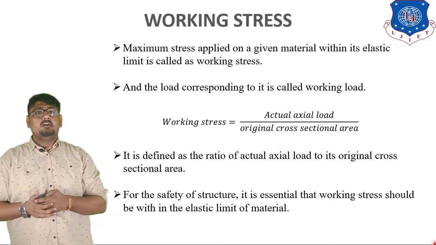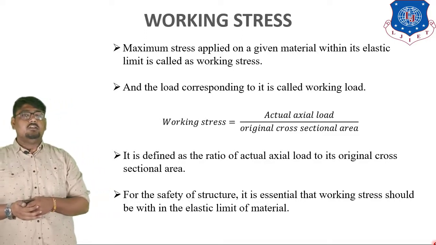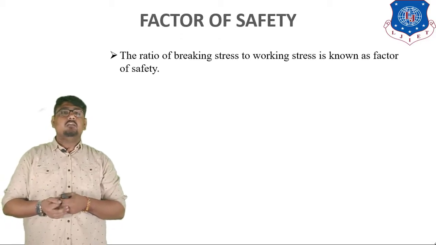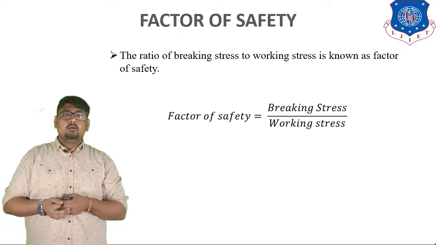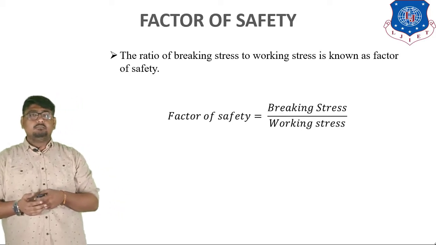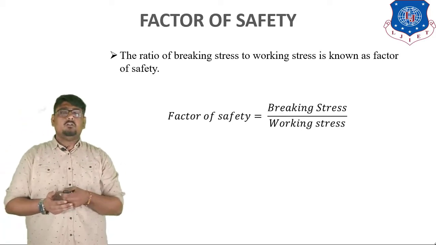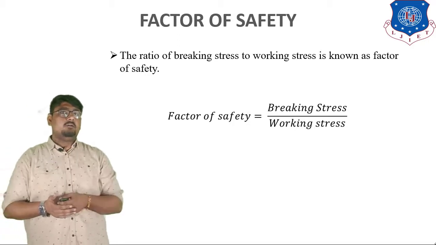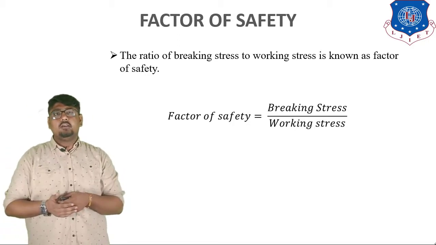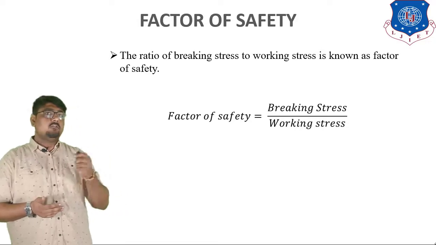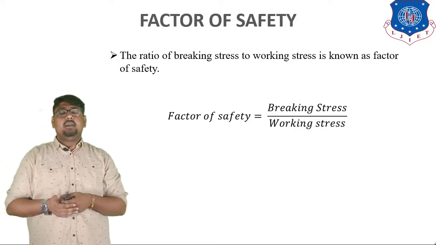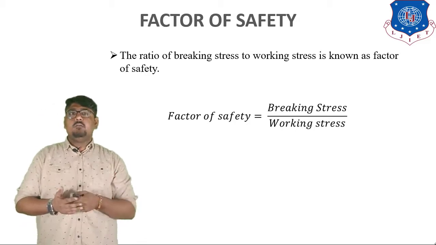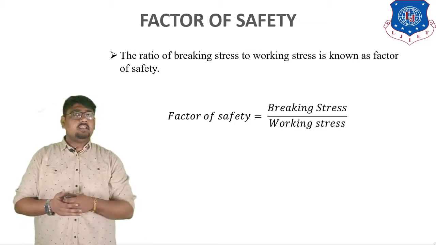Okay. Now next comes the factor of safety. The ratio of breaking stress to the working stress is known as the factor of safety. So you can see the examples of automobiles and lifts. Okay, you might be aware of escalators and lifts. In the lift, if you read it carefully, the maximum capacity is 6 persons and the maximum load capacity is around 480 kgs.